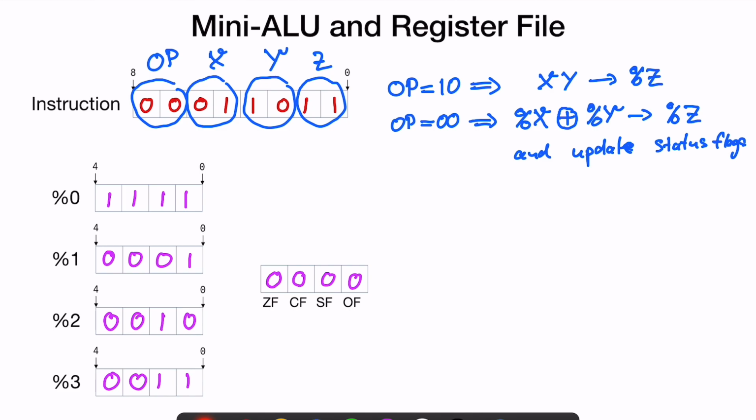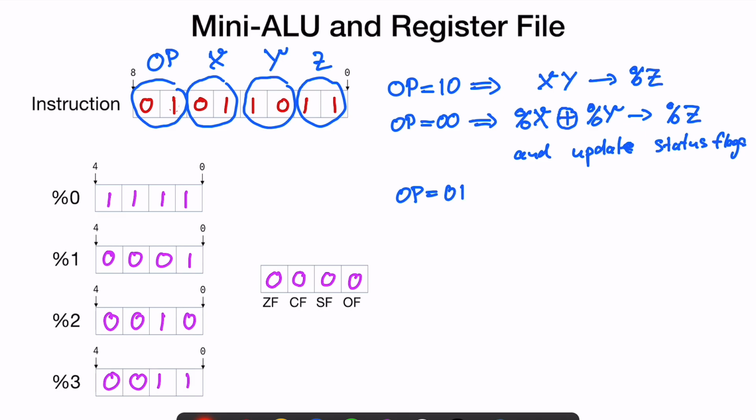Okay, and similar to that we can also do a subtraction. For example, subtract register Y from register 1. The meaning of this operation was that we do the following with opcode 0, 1.